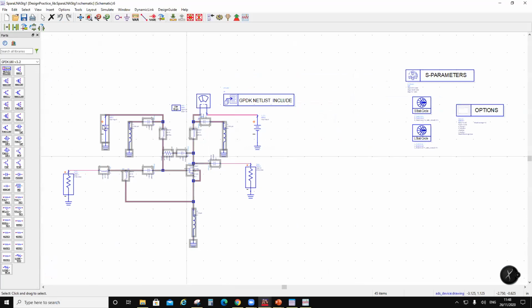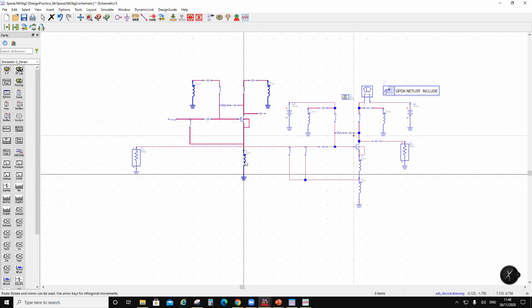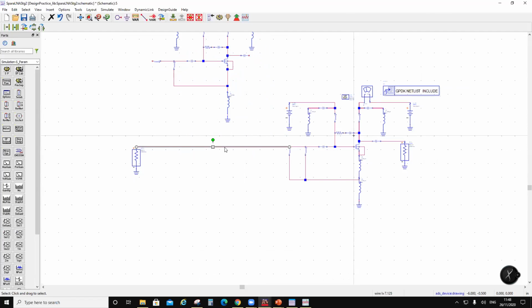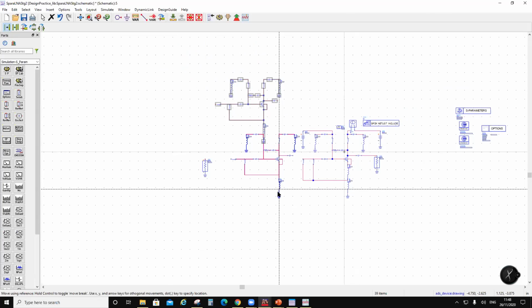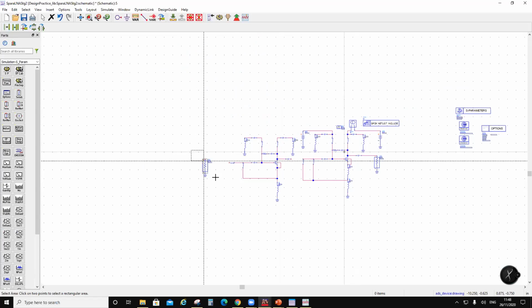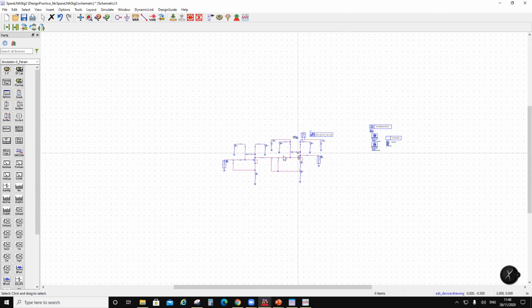I don't need this. I won't need this stuff. Okay, Control C. And I'll go to a two-stage here, Control V. And just a second. Okay, we are done.